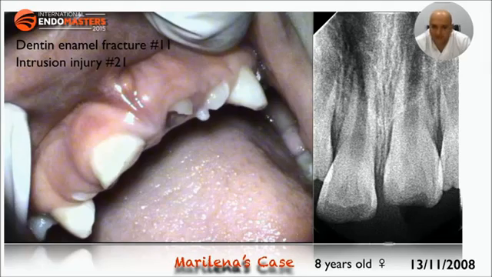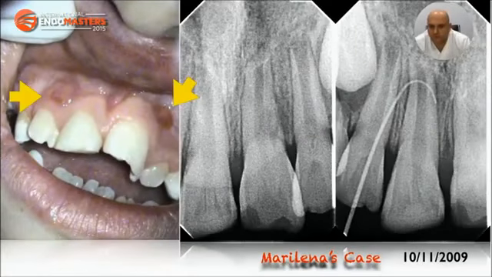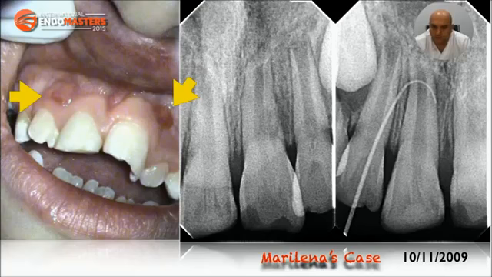Little Marlena missed all the scheduled appointments. She disappeared from my practice, but luckily for her, she returned 1 year later, in 2009. Although spontaneous repositioning was successful, both teeth became necrotic and developed a sinus tract.